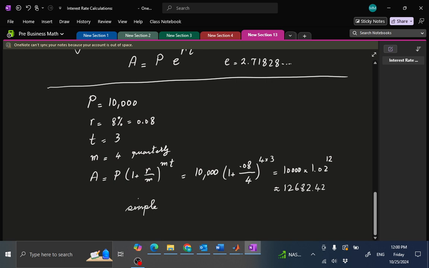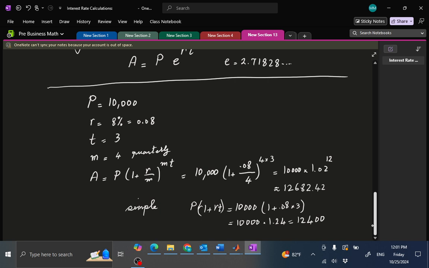Simple interest would be P times (1 plus rt), let me correct this, 1 plus rt. 10,000 that you put down, times 1 plus 8% times 3 years, so 10,000 times 1.24, so 12,400.